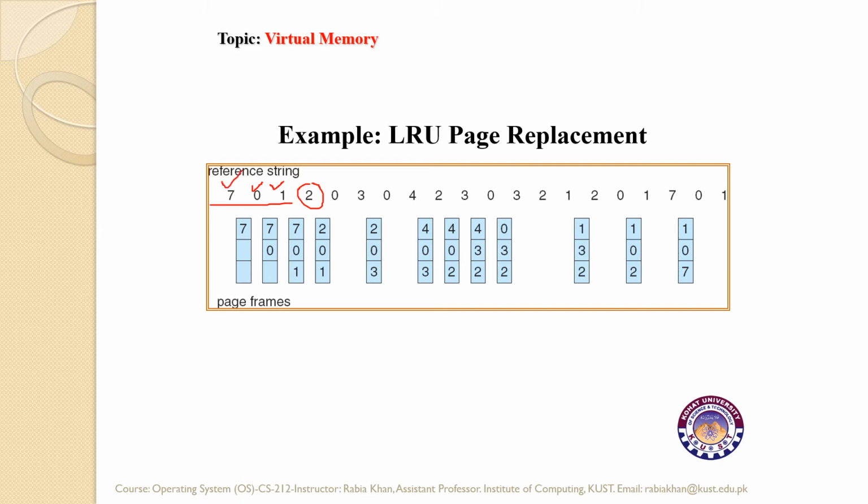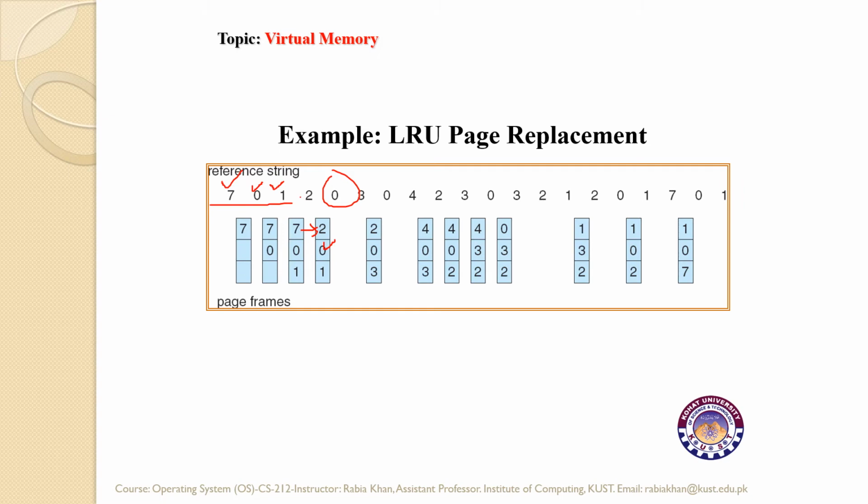So 7 goes out and 2 comes in. Next, the page to be brought in is page number 0. But as you can see, page number 0 is already present, so there is no page replacement.